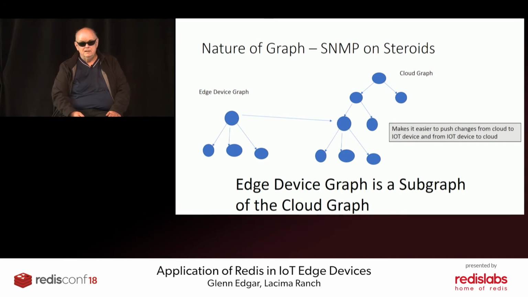So if you change the graph on the cloud, it's easy to push it down to the edge device. Or if you change the edge device, you can use graph operations to merge it into the system. I found that very useful.